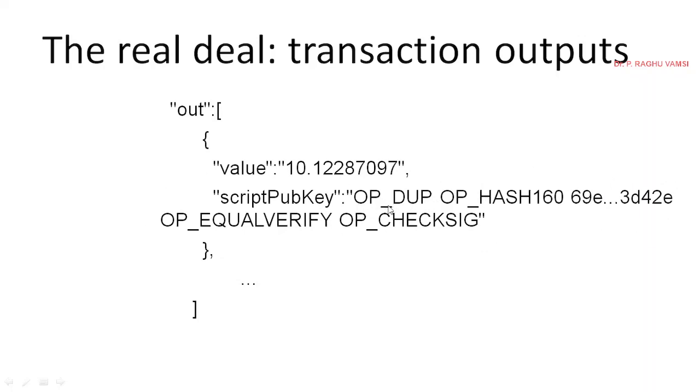The Bitcoin script is like assembly language code in microcontrollers and microprocessors. So this is operation DUP, and operation hash. So this is the hash value. Operation equal verify, operation check signature.